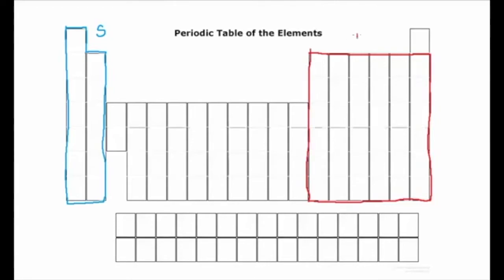This is your P block. In the center, for your transition metals, this is your D block. And then at the very bottom, for your inner transition metals, this is your F block. Now keep in mind, helium should be S.